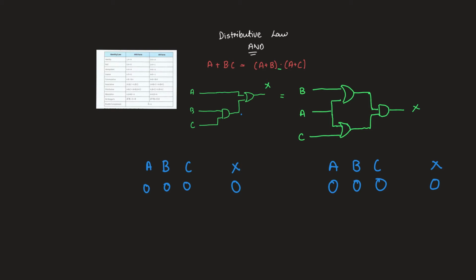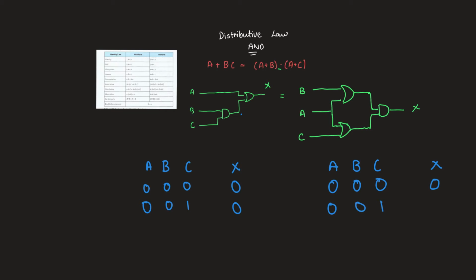Now let's take another combination. We have 0, 0, and 1. Okay, now let's look at B and C first. 0 and 1 passing through an AND gate gives us a 0 anyways, and A is already 0, so our output will be 0. Right over here, we have 0, 0, and 1, right?